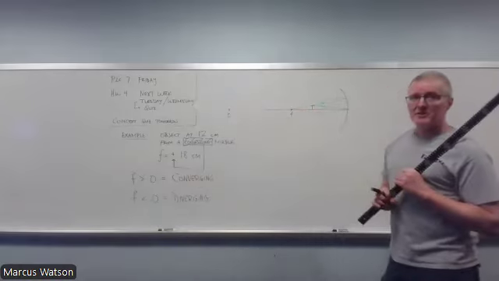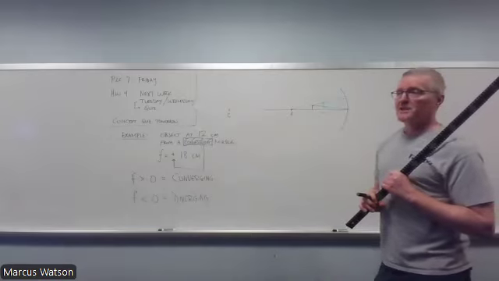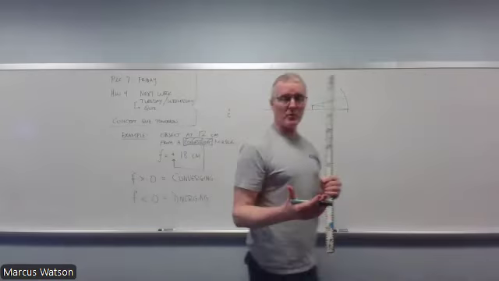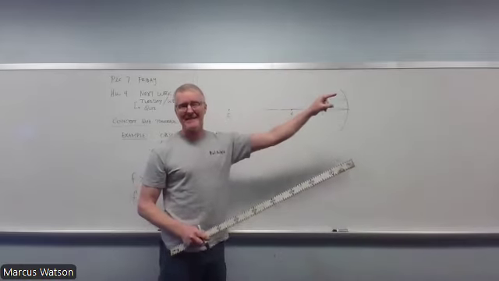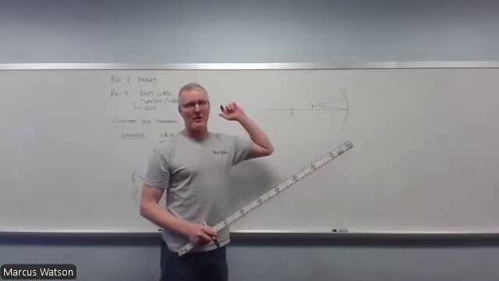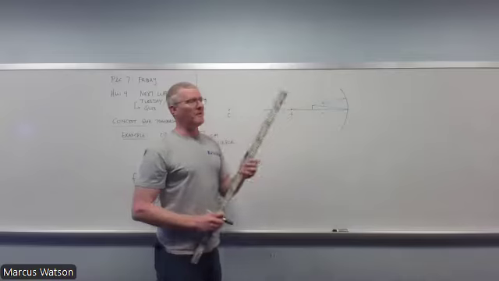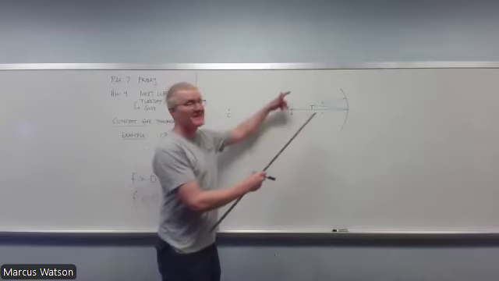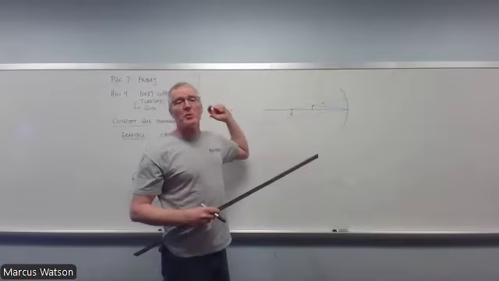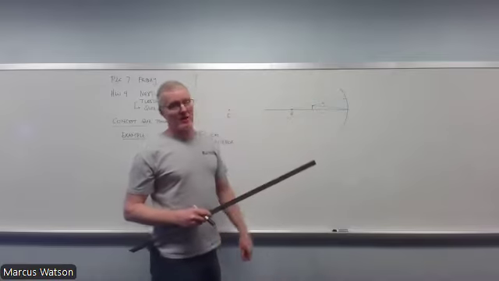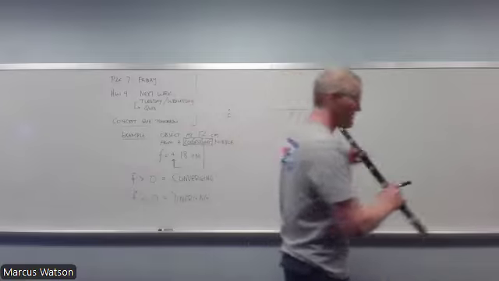What we now need to do as people who are interested in what the image is, we need to trace those back to find out where is the image, because I want to find out where do the rays cross. The answer is they never do. And therefore I want to answer the question, where does it look like the rays may have crossed? And so let's go find that point.